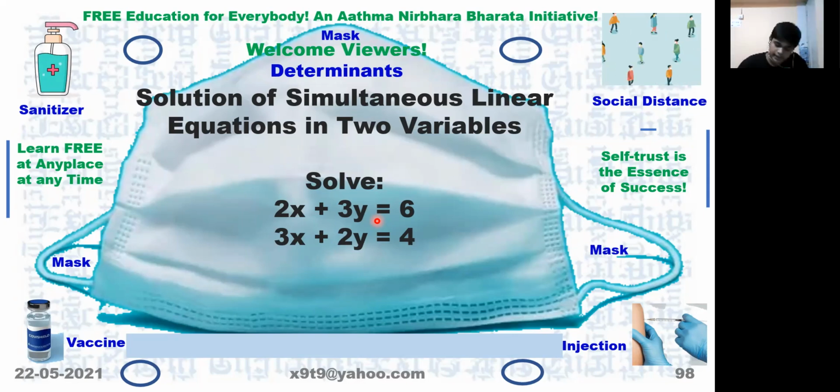Next, we should find delta x. Let delta x be the determinant with 6 and 4 in the first column, second column is 3 and 2. Delta x is equal to 6 into 2 minus 4 into 3.